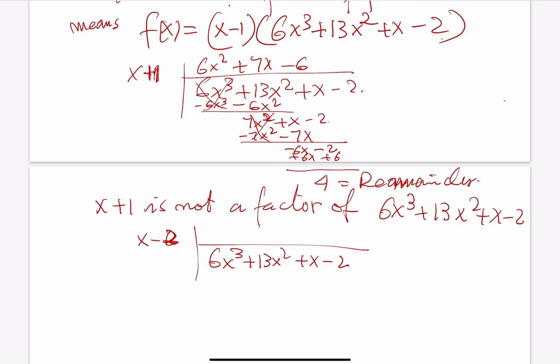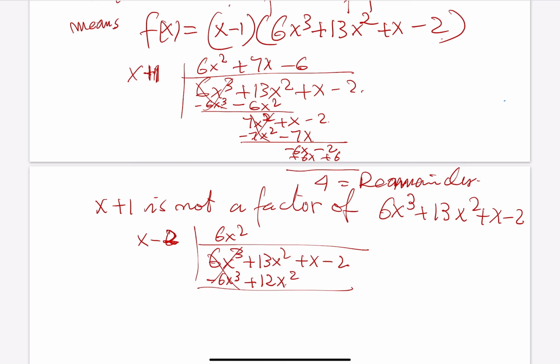Okay, here very quick, I will have 6x squared. You understand? Let me go fast. And here is negative 6x to the third, and here it will be negative 12, plus 12x squared. Add them up, cancel out.